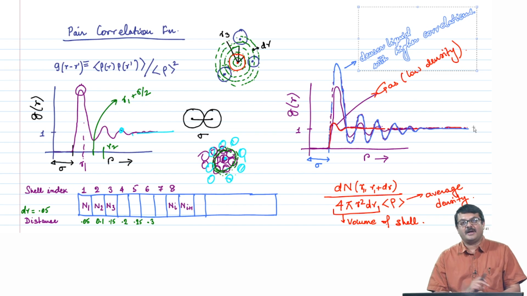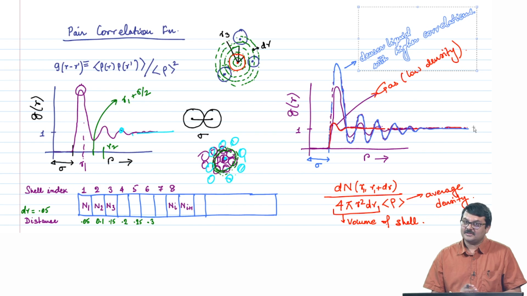Technically it is root 3 by 2 times L if you measure along the diagonal, but typically you do not plot r larger than L by 2, where L is the size of the box, assuming a cubic box. If the box is not cubic, and the 3 sizes L1, L2, L3 are different, then you would typically plot up to the smallest dimension of the box divided by 2, right.